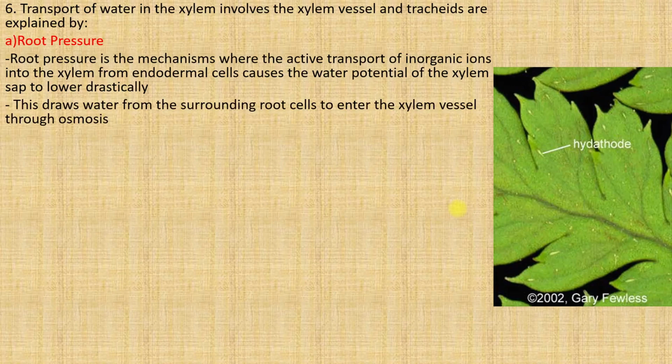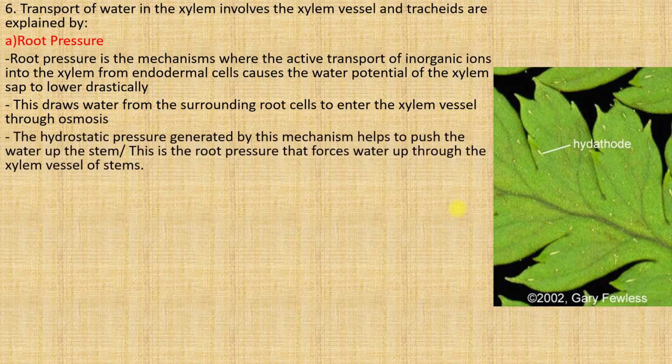This in turn will draw water from the surrounding root cells to enter the xylem vessel through osmosis. So water will diffuse by osmosis into the xylem from the root cell.